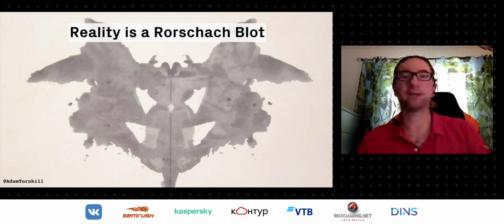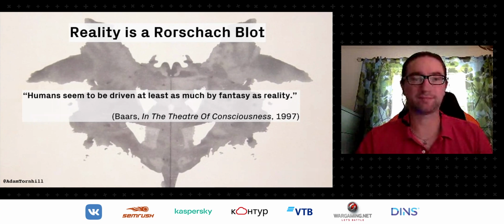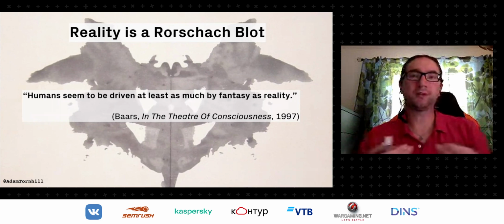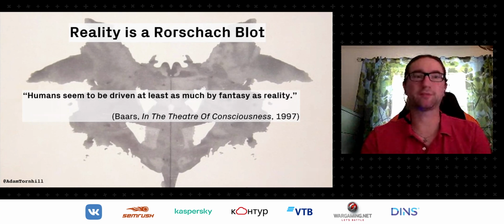Or, put in a better way, by my favorite psychologist, Barthes, he claims that humans seem to be driven at least as much by fantasy as by reality. And what this means in practice is that when working with large-scale software systems, a lot of our decisions are actually driven as much by fantasy as by reality.